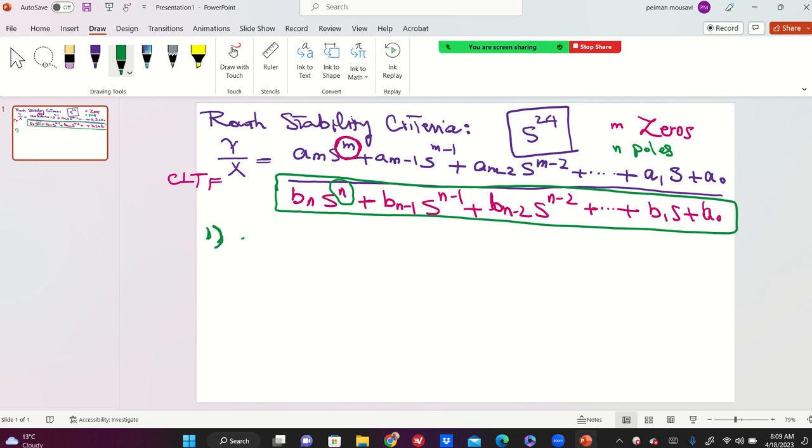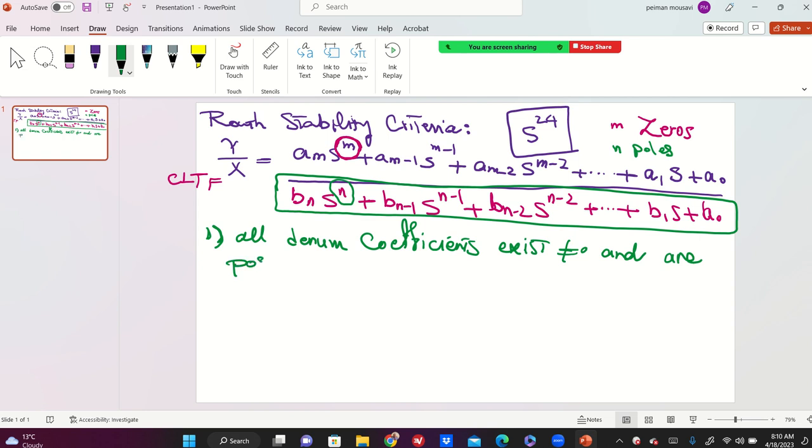One, all denominator coefficients exist, means they are not zero, and are positive.